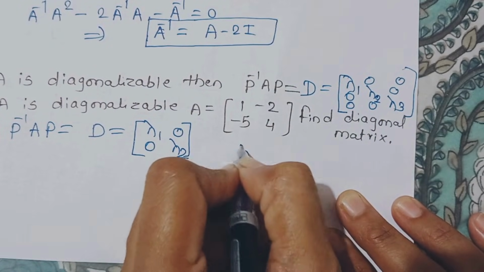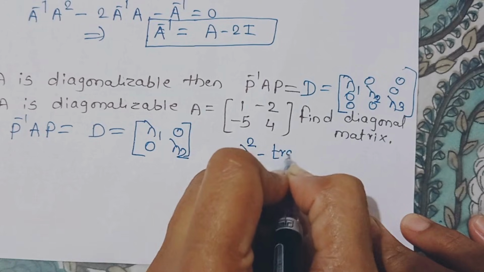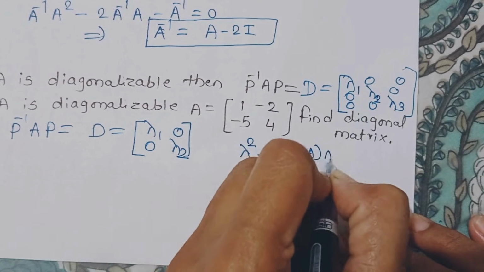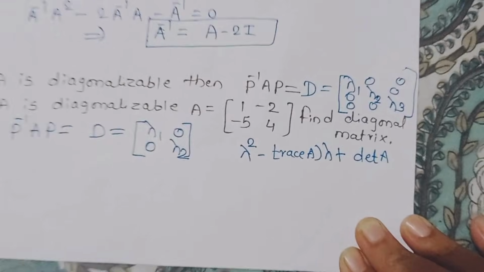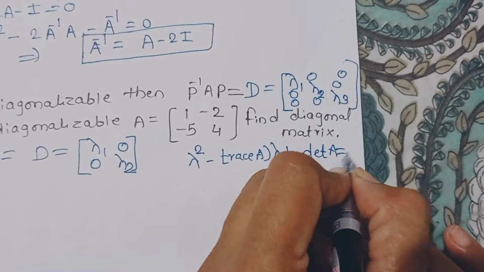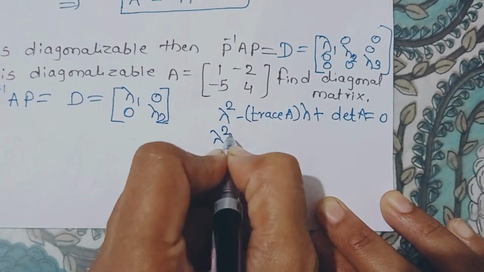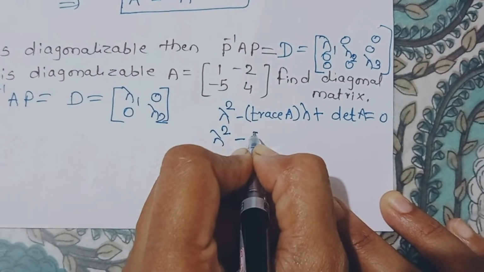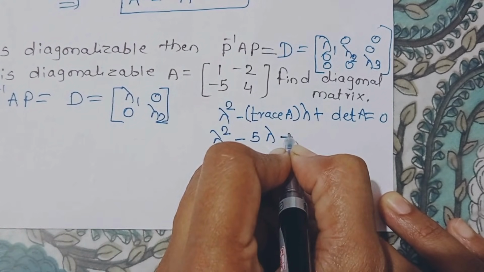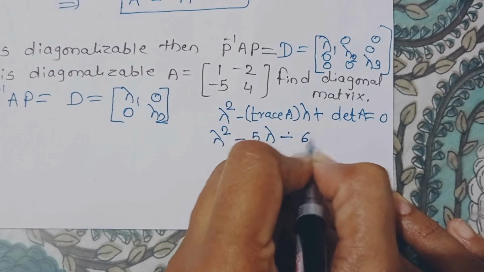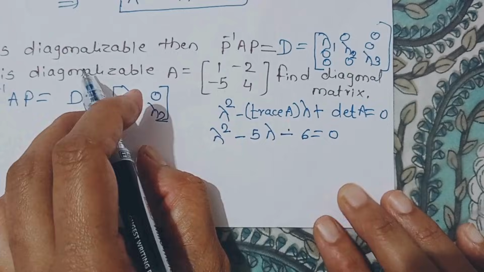So for that we have to find the characteristic equation: lambda square minus trace of A lambda plus determinant of A is equal to 0. So lambda square minus 5 lambda minus 6 is equal to 0. Determinant is minus 6 here.